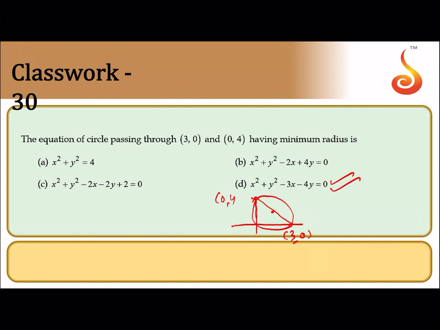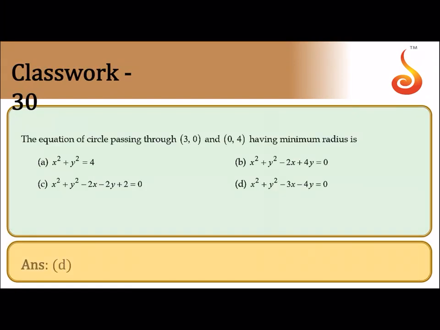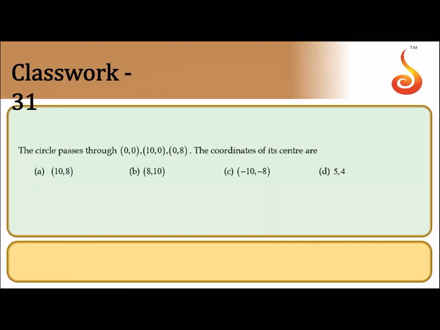This will be the minimum radius. We discussed when it is a right angle triangle, center will lie here and this equation satisfies. Because (3, 0), (0, 4) are the extremities of a diameter and it is a right angle triangle. So the circle passes through the origin: x square plus y square minus 3x minus 4y is equal to 0. Option D is correct.